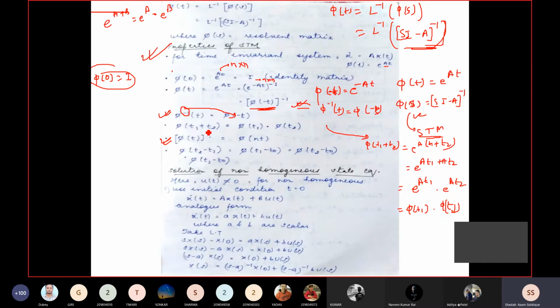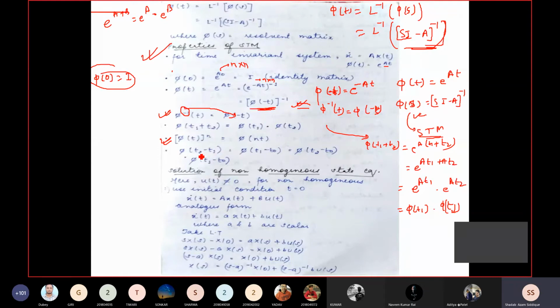If we have phi(t1 minus t2), we can write phi(t1) into phi(minus t2). Simply you can write here. Now we have phi(t2 minus t1). How can we write phi(t2 minus t1)? It can be written as phi(t2 minus t1) into phi(t1 minus t0). So if you have this form, you can write here.